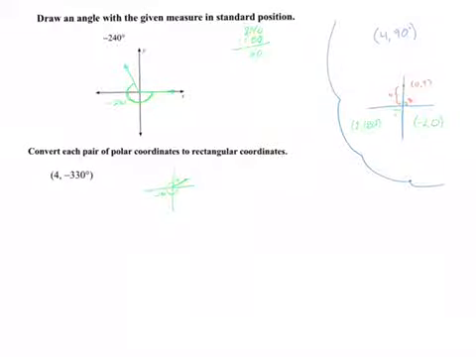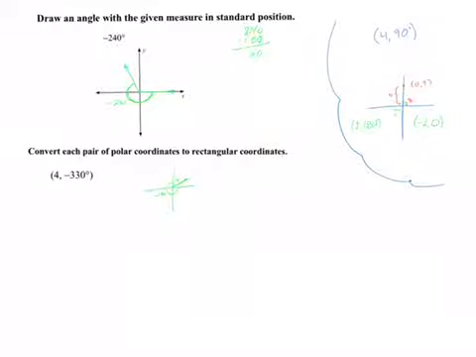Maybe I'm getting ahead of myself here. So I know that cosine uses adjacent and hypotenuse. So I know cosine of 30 is going to equal x over 4. So if I multiply both sides by 4, I know that x is going to equal 4 times cosine of 30.